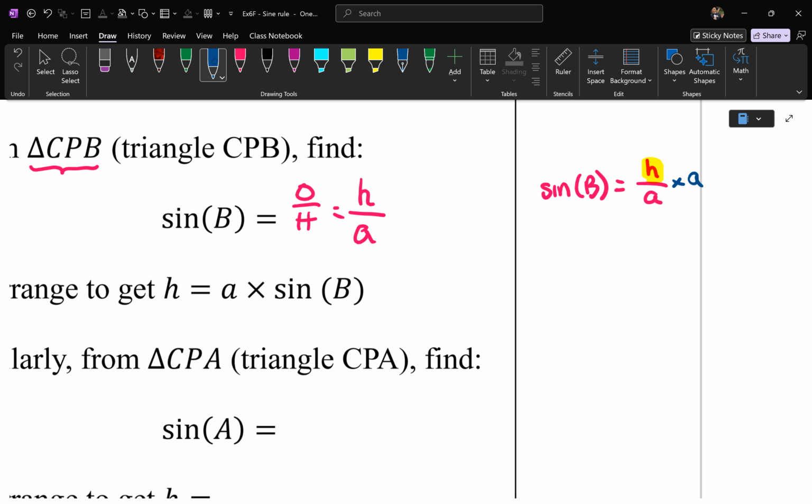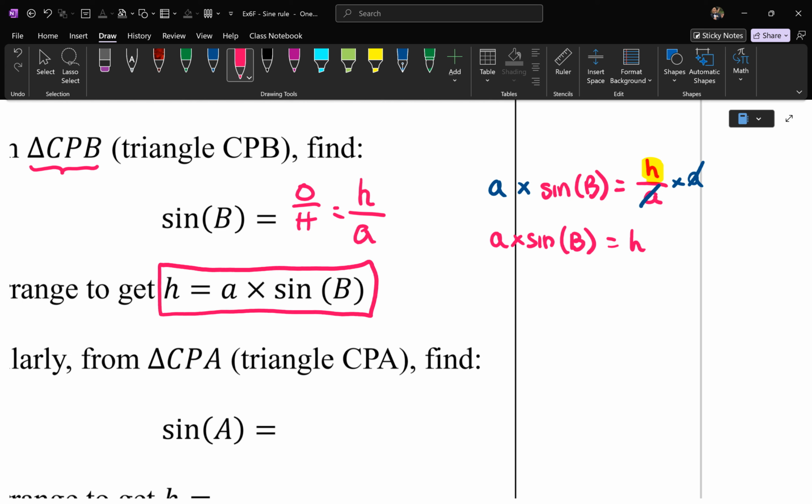So I times a on the right, and what I do to the right, I do to the left. A divided by a cancels out, and that's why I get h equal to a times sine of B. So far, so good. That's how I got that. So I now know h will equal the length a times the sine of B.